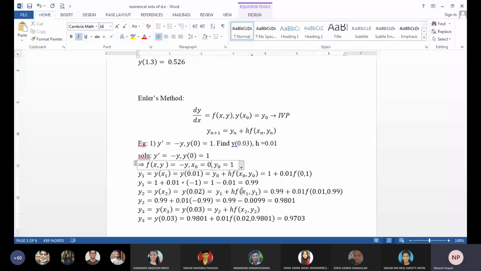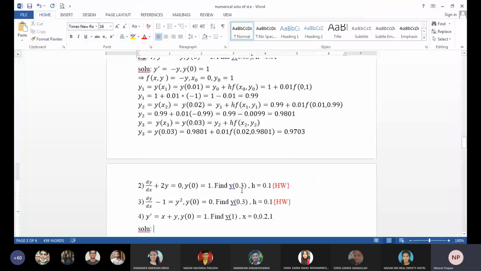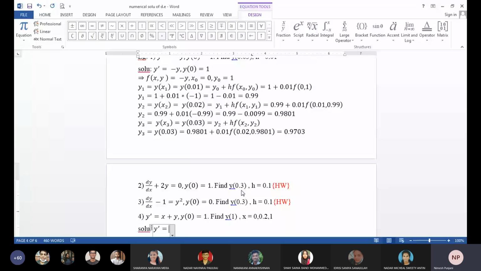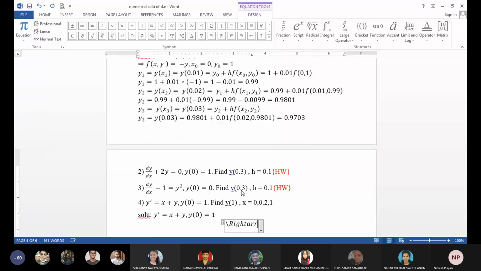So we had solved one example, and I had given you 2 sums for homework. The 4th sum is what we are supposed to do now. So y dash is x plus y, and y of 0 is equal to 1. What does this imply?